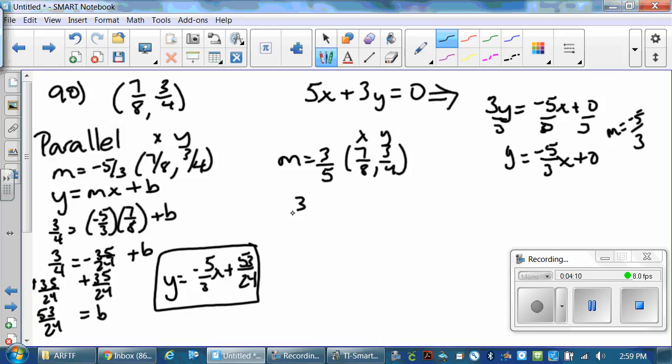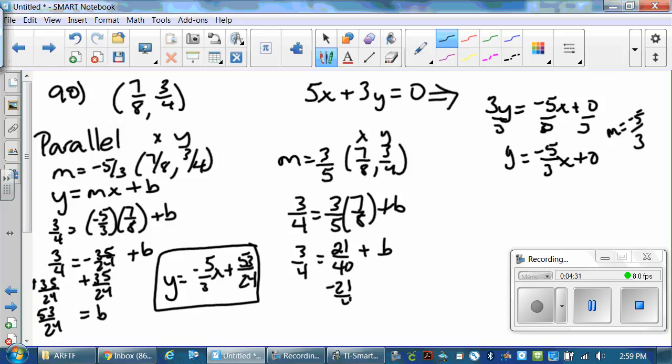So I get 3/4 equals 3/5 times 7/8 plus b. That's plugging into y, m, and x, and I need to solve for b. 3/5 times 7/8 is 21/40. 3 times 7 is 21, 5 times 8 is 40.